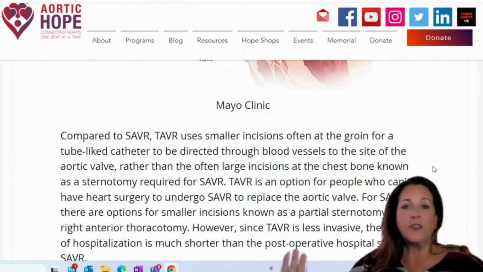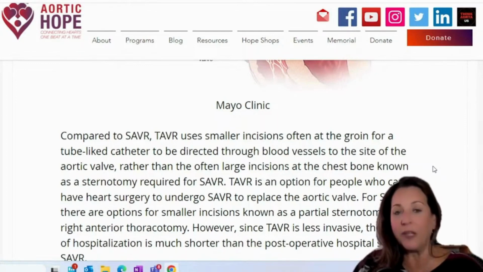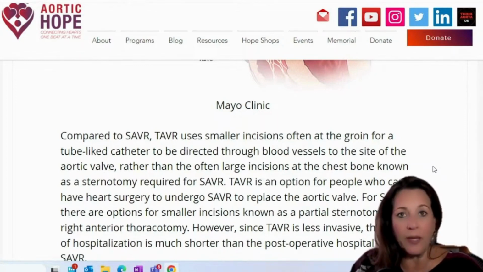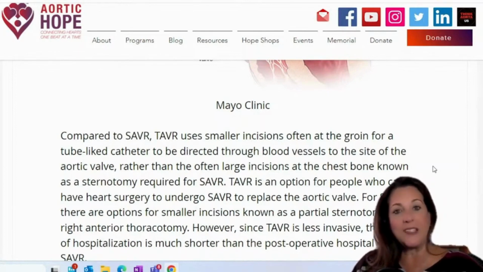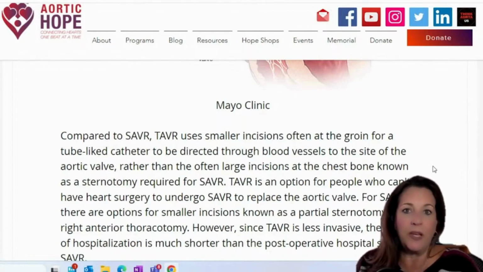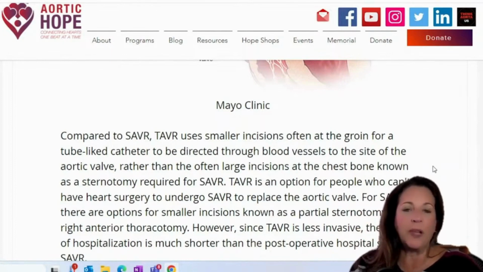It's directed through these blood vessels to the aortic valve rather than an open large incision at the chest bone, which is known as a sternotomy, which is required for a surgical aortic valve replacement. So a TAVR as an option is for people who can't have heart surgery, which would be the SAVR, to replace the aortic valve.